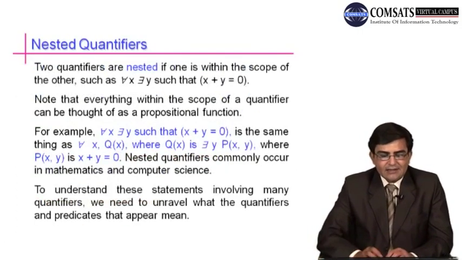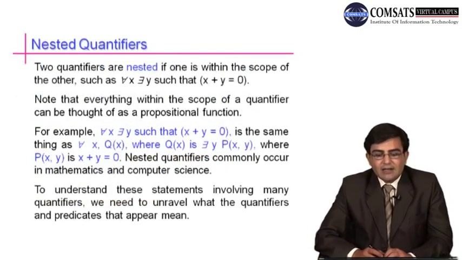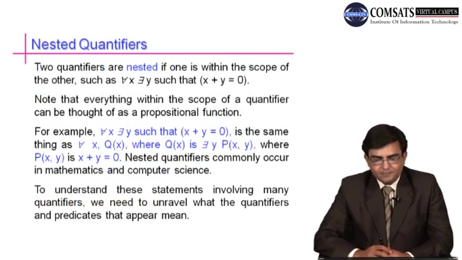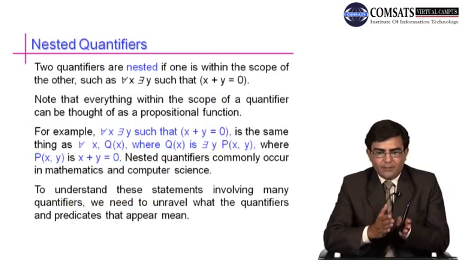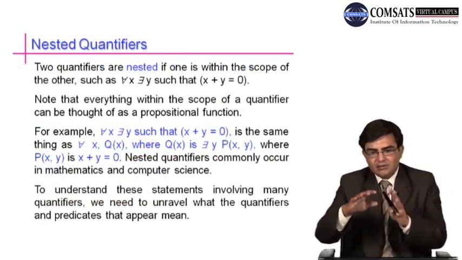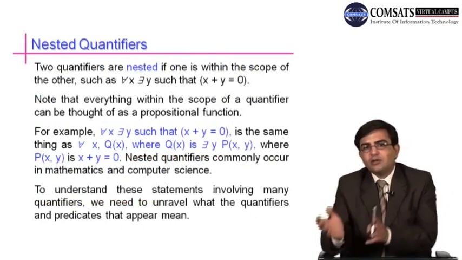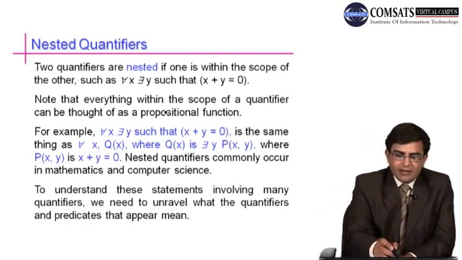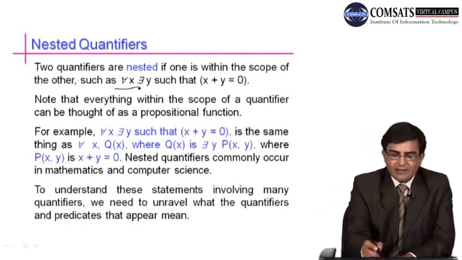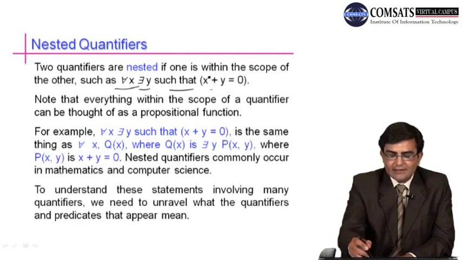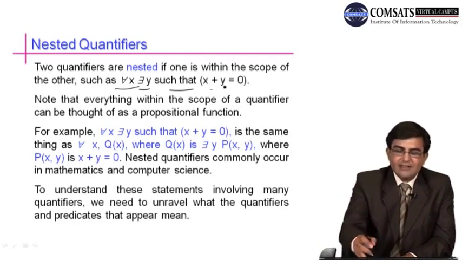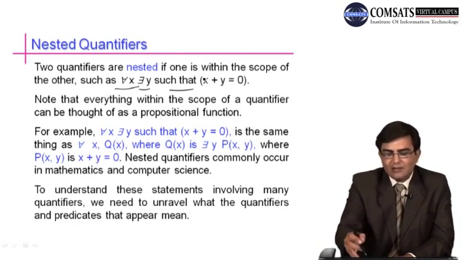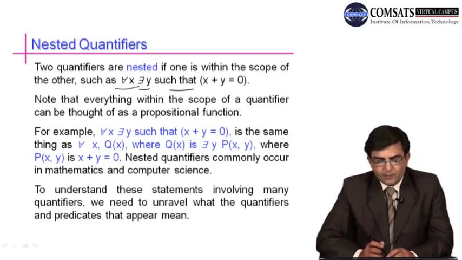Next is nested quantifiers. Two quantifiers are said to be nested if one is within the scope of the other. That is, we apply the first quantifier on the other. For example, here we have for all x there is y such that p of xy is true.